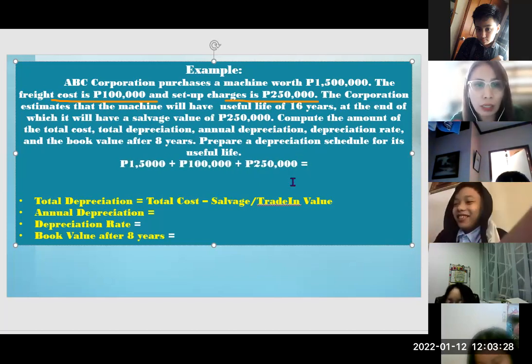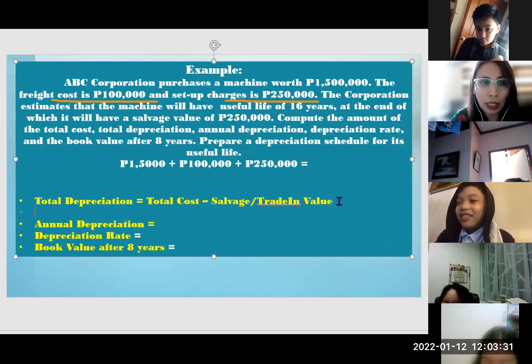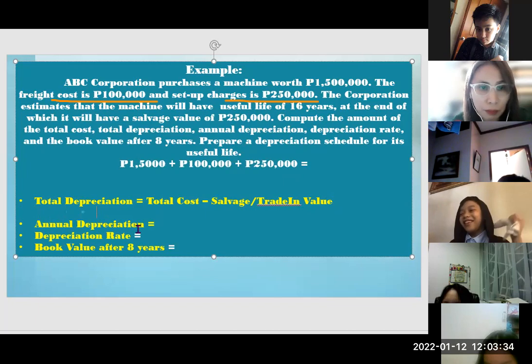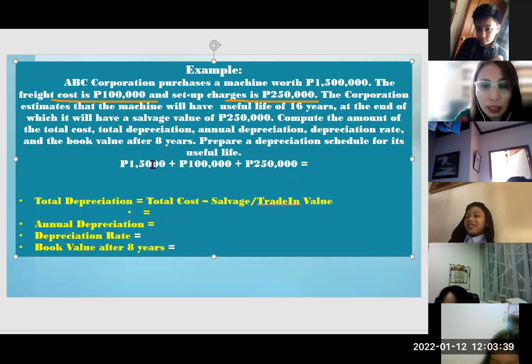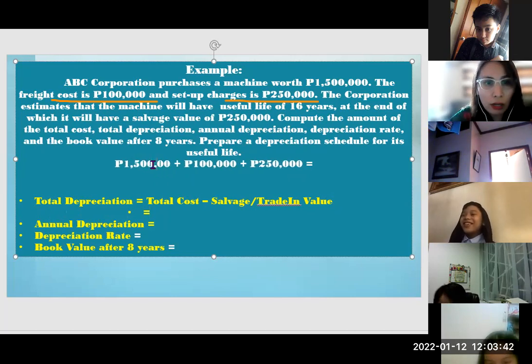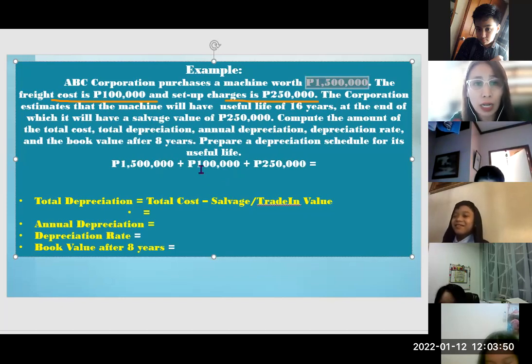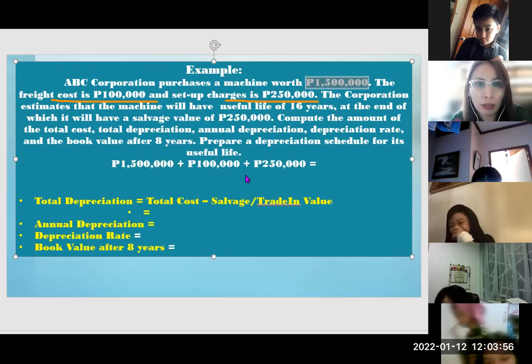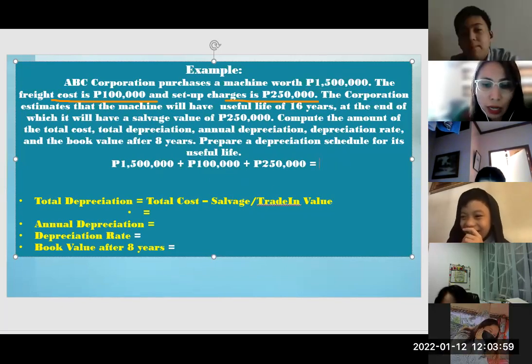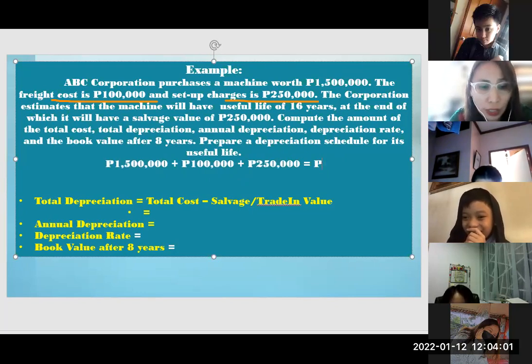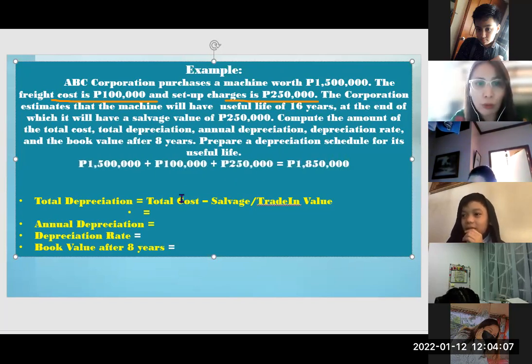What's our total cost to be computed? 1,500,000. Add natin yung freight cost natin na 100,000 or the delivery cost. Sure, 1,850,000. Okay, correct. The total to be computed as our original cost ay 1,850,000.